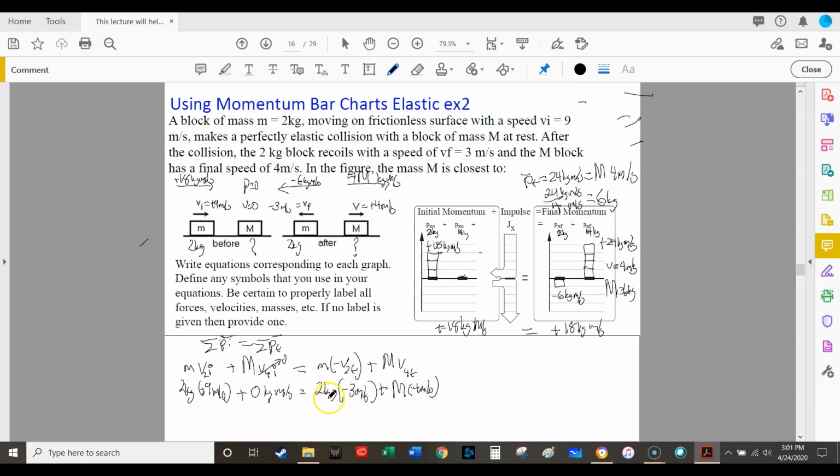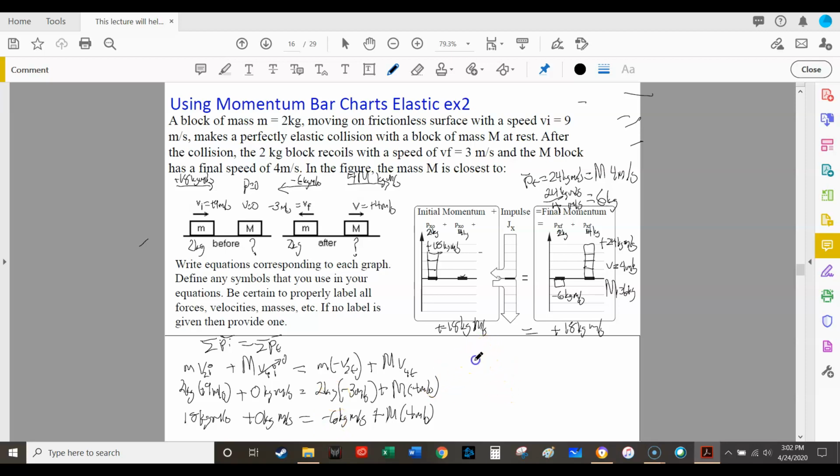Okay? So I've got to bring this negative 6 kilogram meters per second onto the other side. So I'm going to actually just put in the momentums here first. 18 kilogram meters per second plus 0 kilogram meters per second is going to be equal to negative 6 kilogram meters per second plus m times 4 meters per second. I've got to add this 6 to the other side.